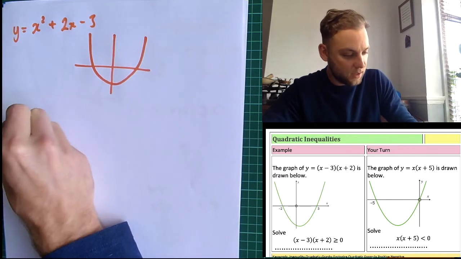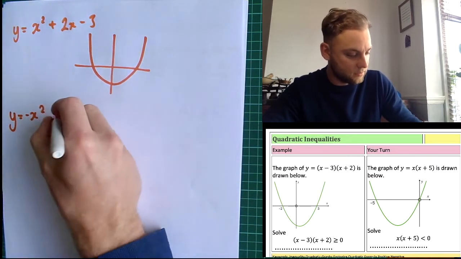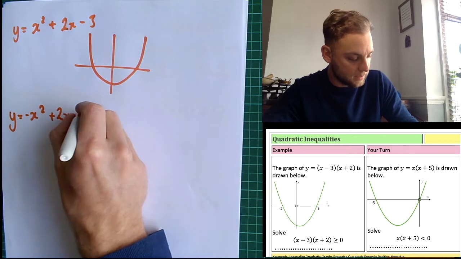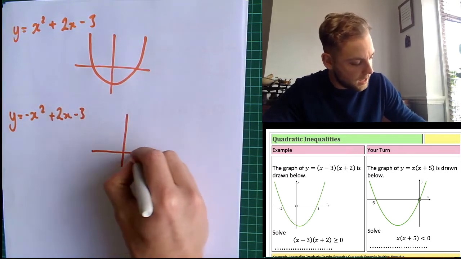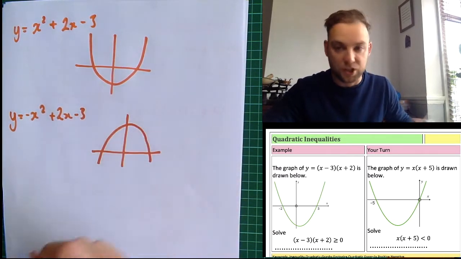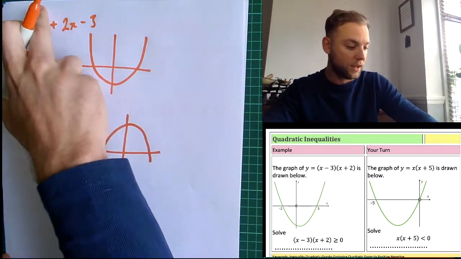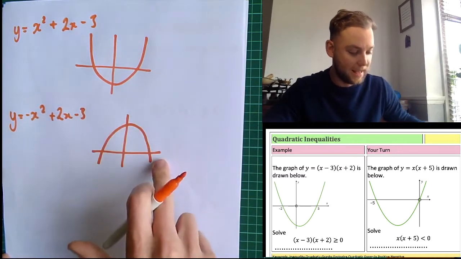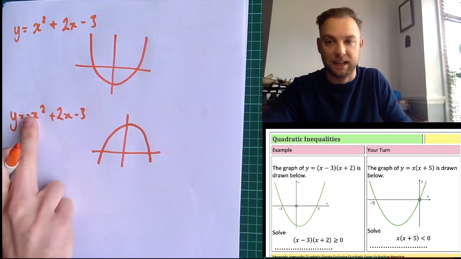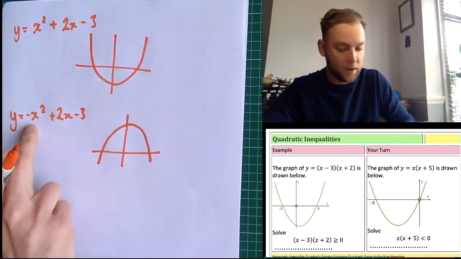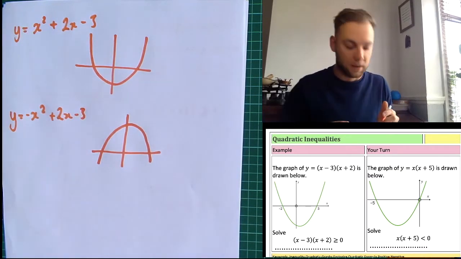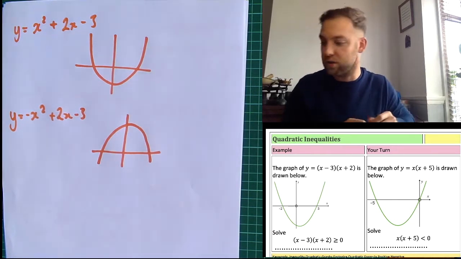If I had something like minus x squared plus 2x minus 3, then this one would look like an N shape. So this one is a U shape, this one is an N shape, and it's because the dominant power is negative here and the dominant power is positive there. So that's our starting point with this.